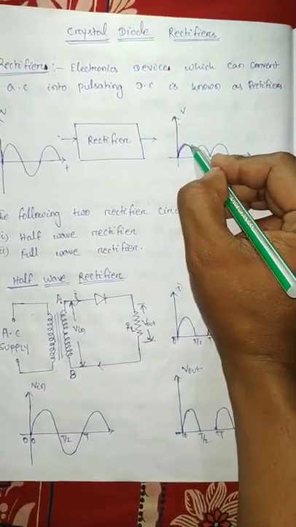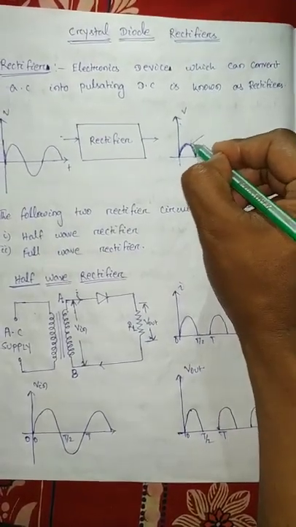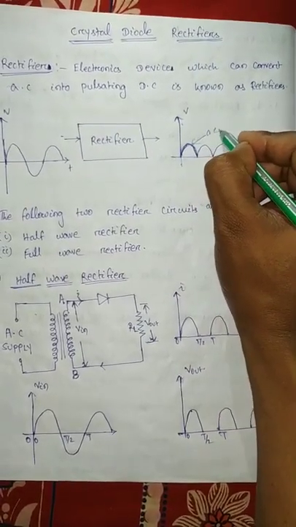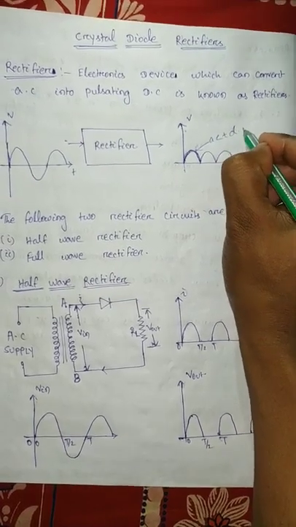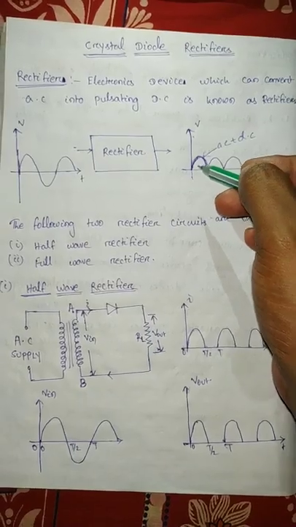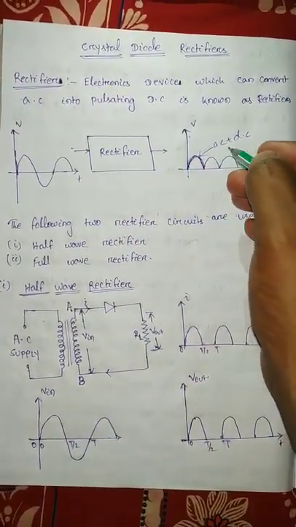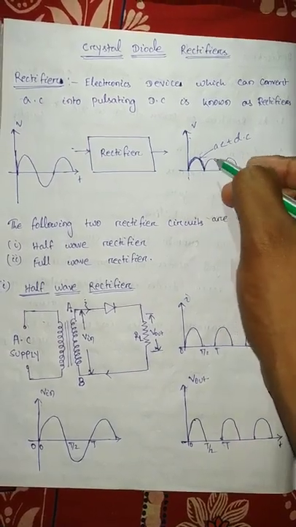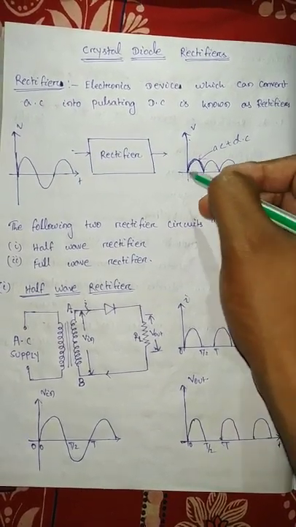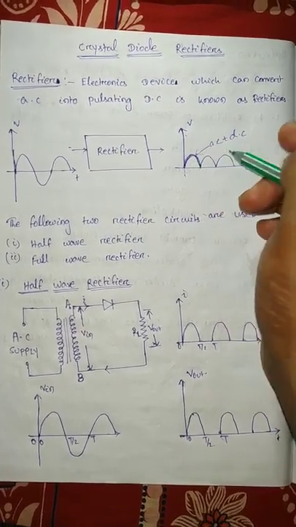Pulsating DC means we obtain some amount of AC along with DC, so we will not get pure DC at the rectifier output. This type of DC is known as pulsating DC. This pulsation can be further removed by using filter circuits.